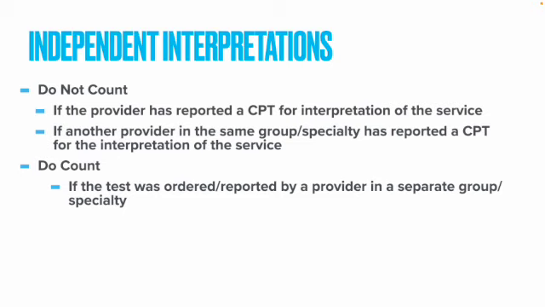So that second bullet that you see under do not count, if your provider, Dr. Jones from family medicine, is trying to take credit for an independent interpretation for a single view chest x-ray, but his peer in the same group specialty billed out the 71045, he can't get credit for it. But he can if he's doing an interpretation of a chest x-ray that someone outside of his group specialty ordered and billed for. So there's that.